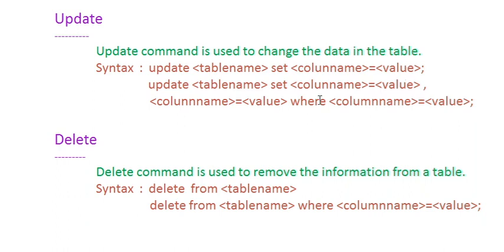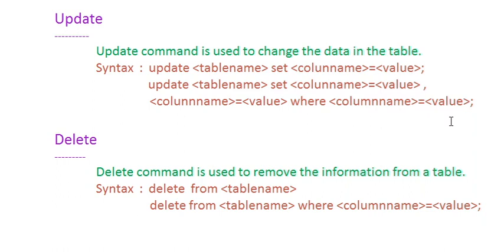You can also write the update command as update table name set column name equal to value, comma, column name equal to value. That means you can change multiple column values at the same time, and you can apply the where condition. Suppose I want to change an employee address whose employee ID equals 1.